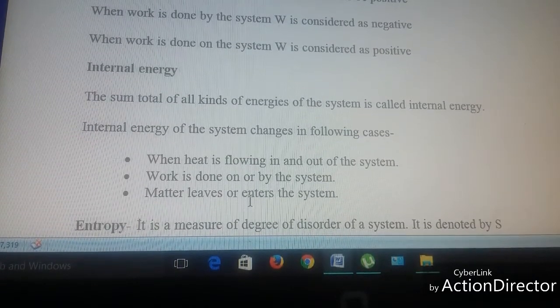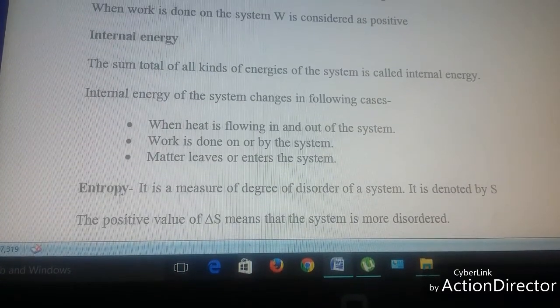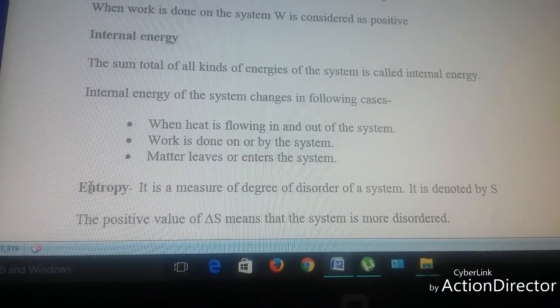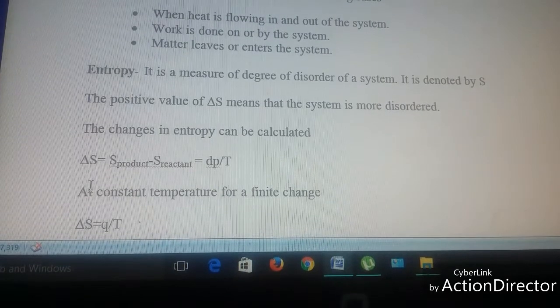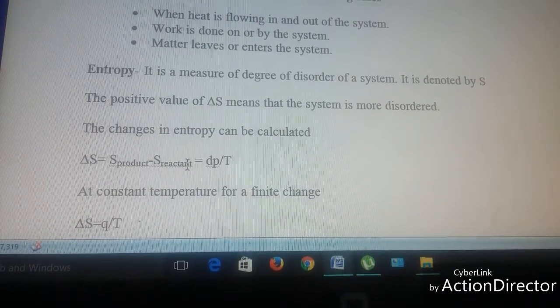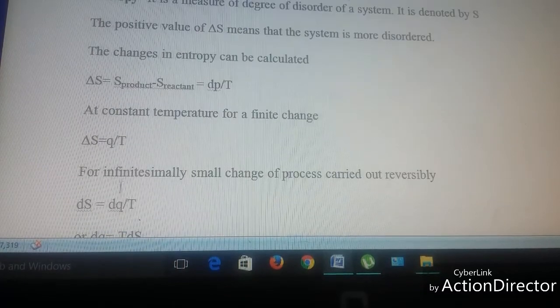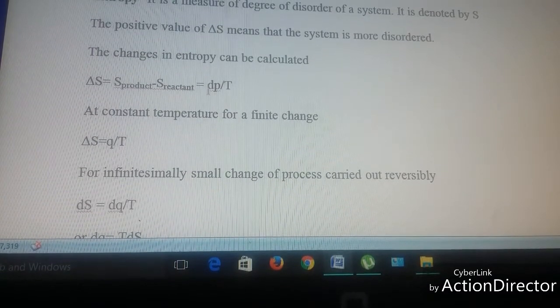Similarly, entropy is the disorder or randomness of a system, denoted by S. If delta S is positive, it means the system is more disordered, and it is calculated as delta S equals the entropy of the products minus the entropy of the reactants. At constant temperature, for a finite change, it will be Q by T. This is dQ.